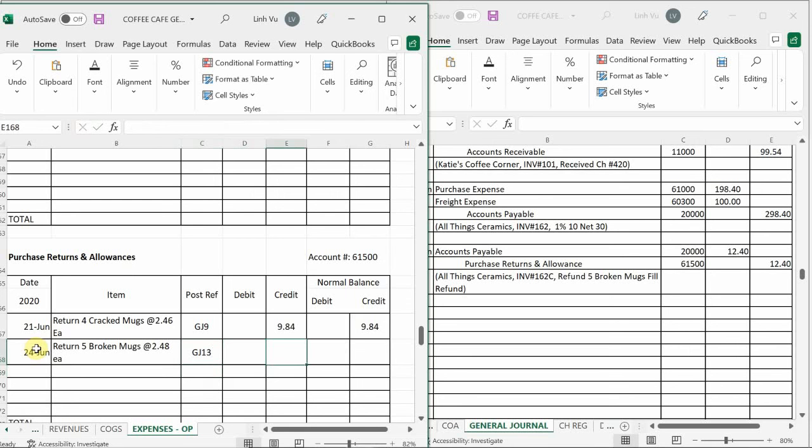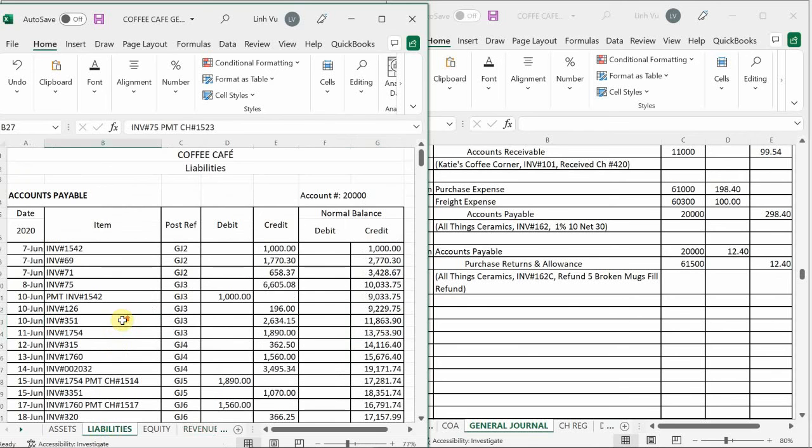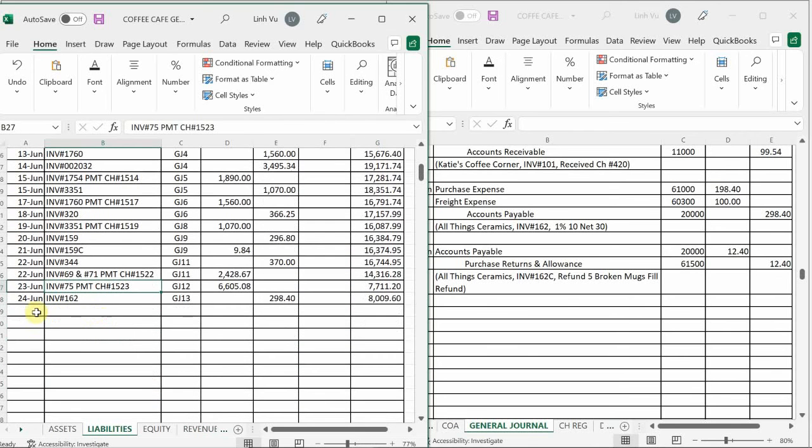Credit for $12.40. So in this case, what's my grand total refund? So far, I have $22.24 worth of refunds. And I also need to update my accounts payable because I owe $12.40 less now, right?